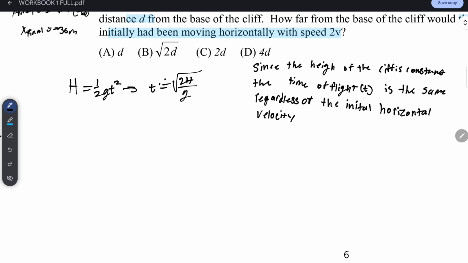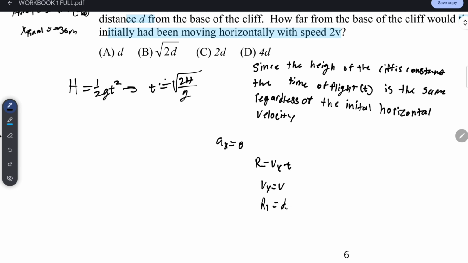So for the horizontal motion in the x direction, there is no acceleration, so the horizontal distance r is given by r is equal to v x times t. The initial speed is v x, which is equal to v, and the horizontal distance r1 is equal to d.